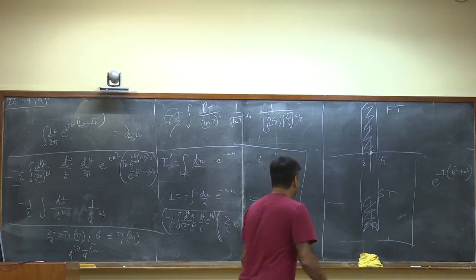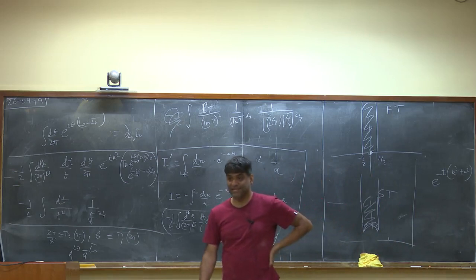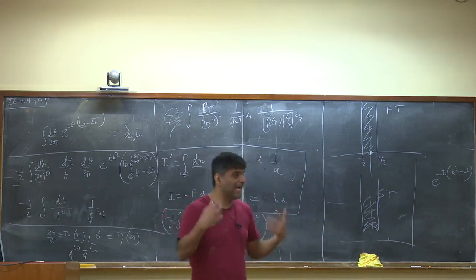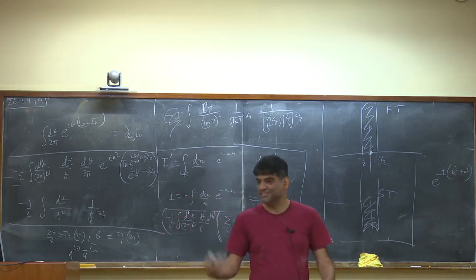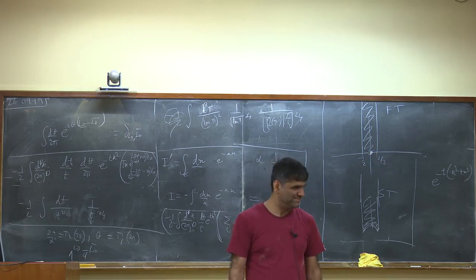So, if we get some divergent behavior from very large values of t, that in space-time reflects an IR divergence. So, large t is associated with the IR. Is this clear?